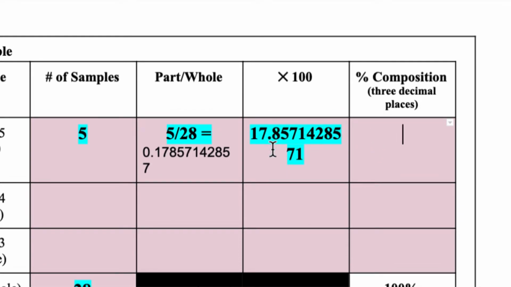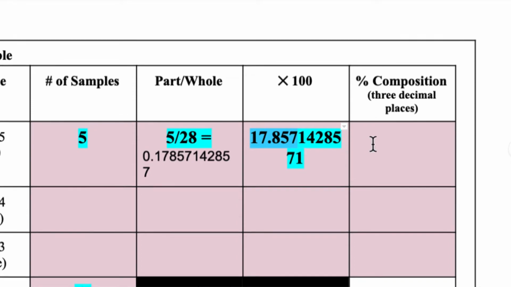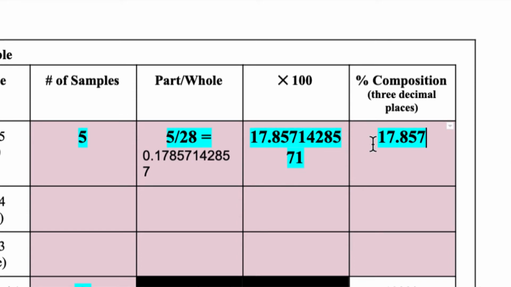So what you're going to do, right, there's your decimal place, 1, 2, 3. Just going to take those, copy, put it right over here, and put the percent sign, okay? So make sure you are dividing. You take that number, multiply it by 100, and then you're taking this number that you multiplied by 100, turning it into a percent. Okay.